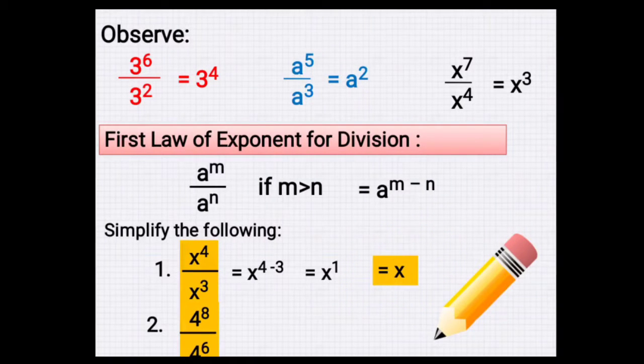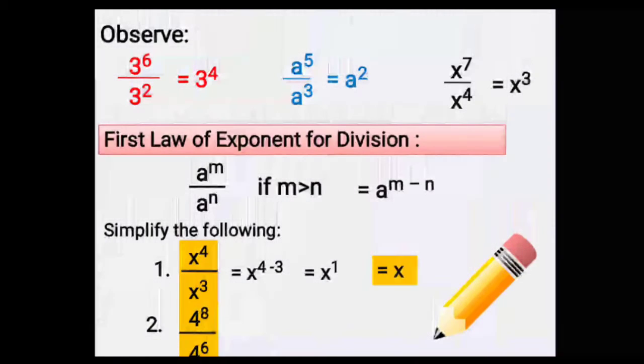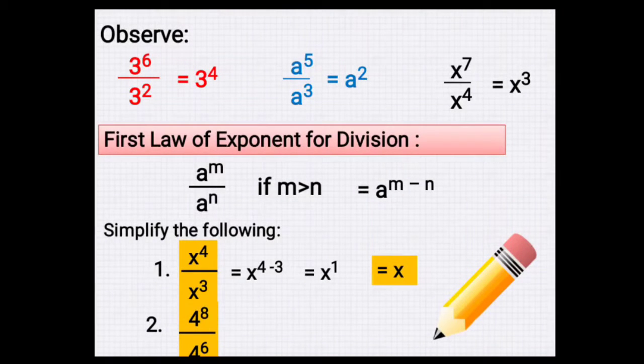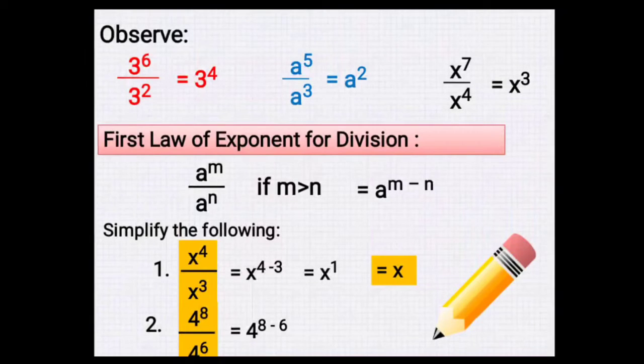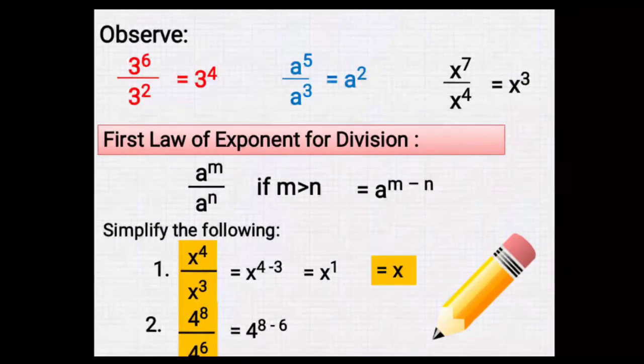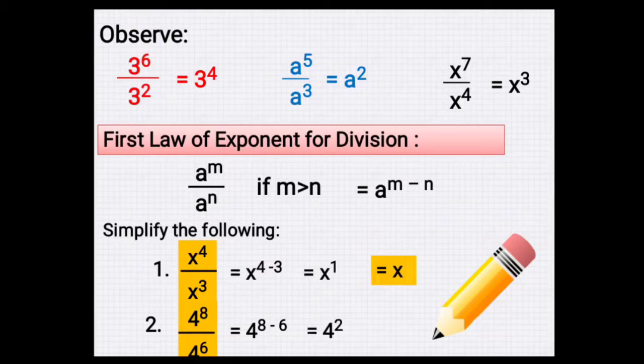How about 4 raised to 8 divided by 4 raised to 6? Okay, so we have the same base, that is 4. Then the exponent of the numerator is greater than the exponent of the denominator. So 8 minus 6. Therefore, we have 4 raised to 8 minus 6 power. And the answer is 4 squared.